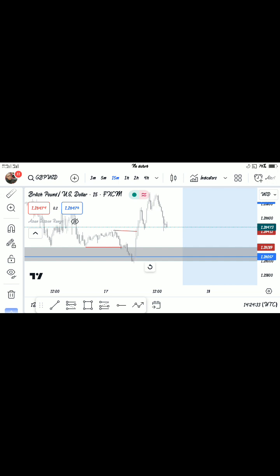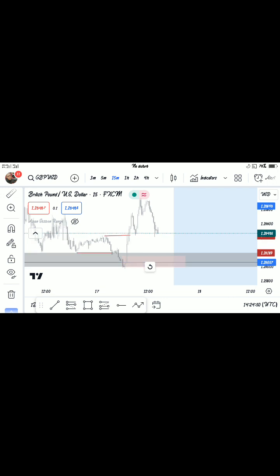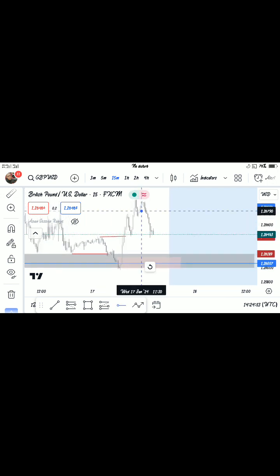Okay, there's a break of structure here, right? The market broke low, it broke high. So if I'm to enter a trade, like I told you, it's a risky trade. You can decide to buy from here and target this high.